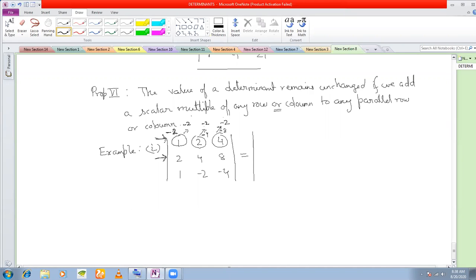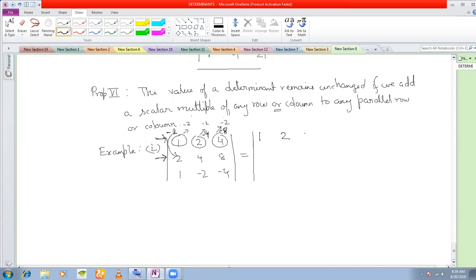This is all I'm doing in my mind, not writing anywhere. Now I add each element of this row to this row. This row I will not change, although in my mind I have multiplied it by minus 2.